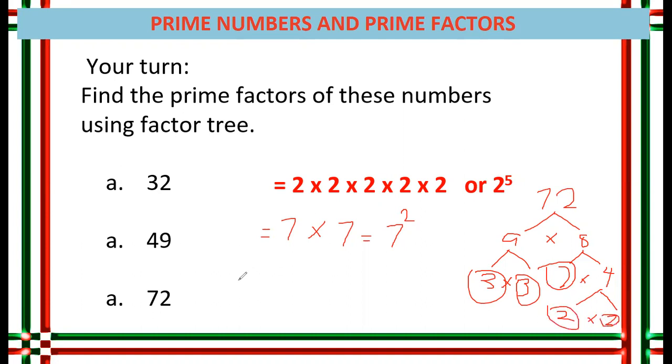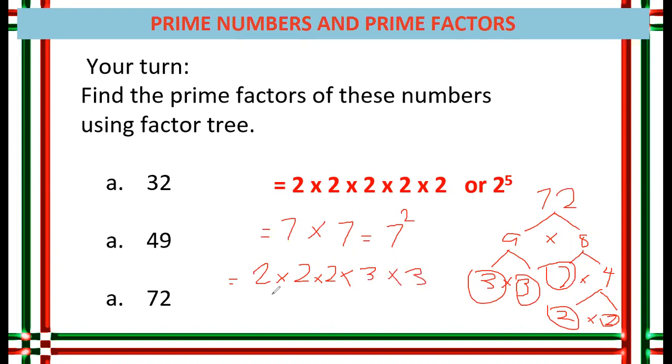So let's write now, what are the prime factors of 72? So how many 2 do we have? 1, 2, 3. So let's write 2 times 2 times 2. How many 3 do we have? We have 1 and 2. So 3 times 3.